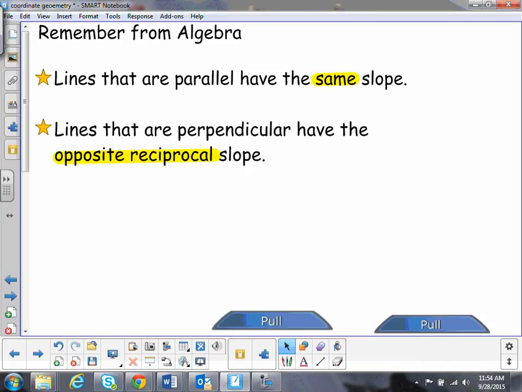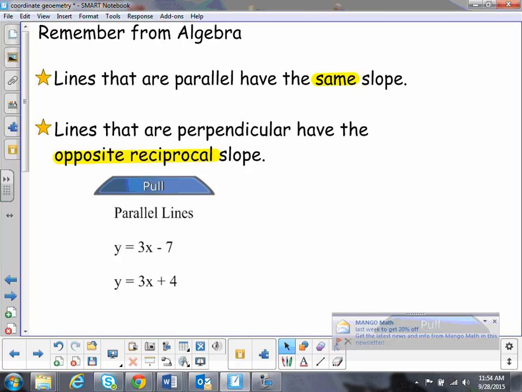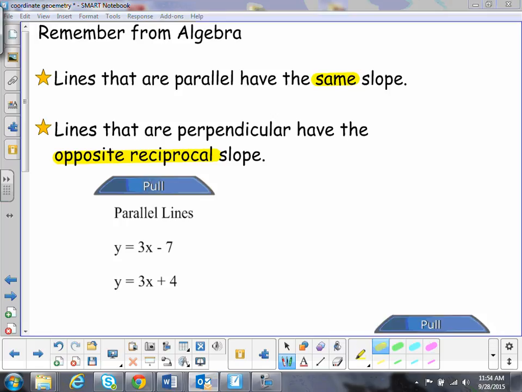Okay, so let's see some examples of some algebraic equations that are parallel lines. So here, if you look at this slope right here and this slope right here, they're both 3's. So therefore, those lines are parallel. Now, this has been a confusion before on something like this.